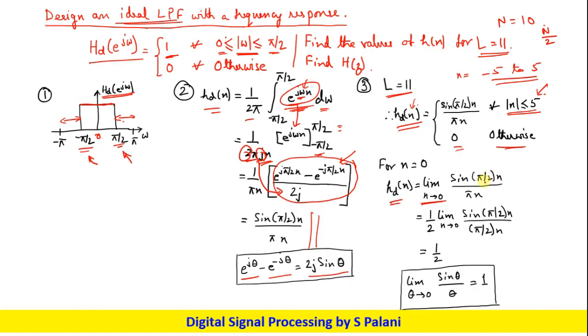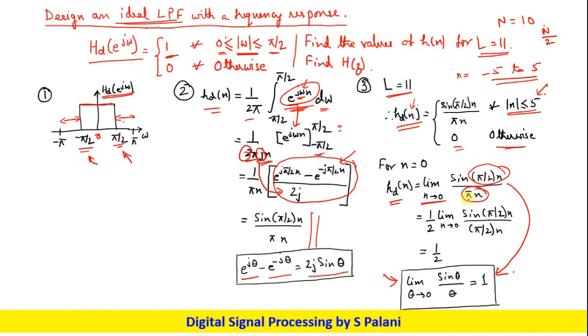Now what you do, there is a formula where it says limit of theta tending to 0, sine theta by theta is equal to 1. So if you see, we are nearer to this, but we have to do some manipulation in the equation. What is the manipulation?